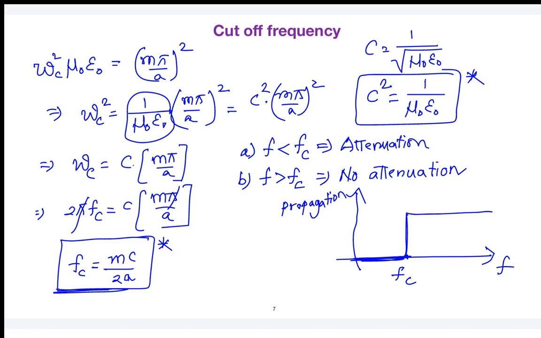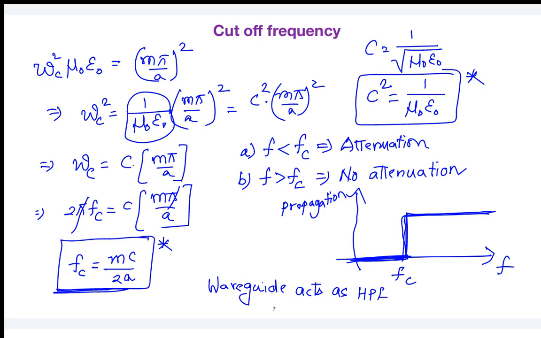What is the response you are seeing from here? Good. That is the reason you can say the waveguide will act like a high pass filter, because below the cutoff frequency it is not allowing the signal, and above the cutoff frequency it is going to allow. I told you at the starting point, you cannot design the waveguide, especially at low frequencies. You can see the reason right now.